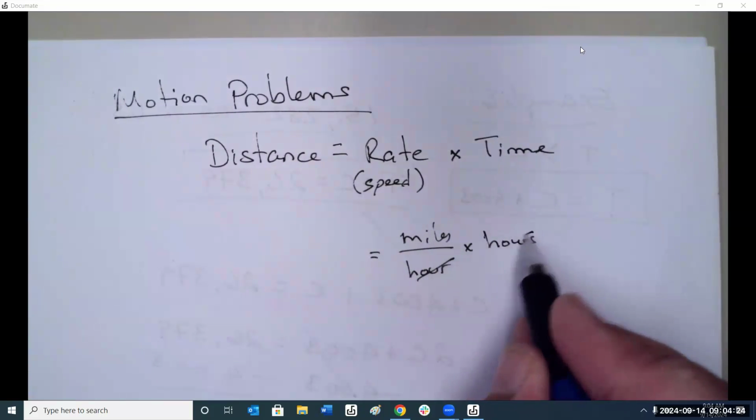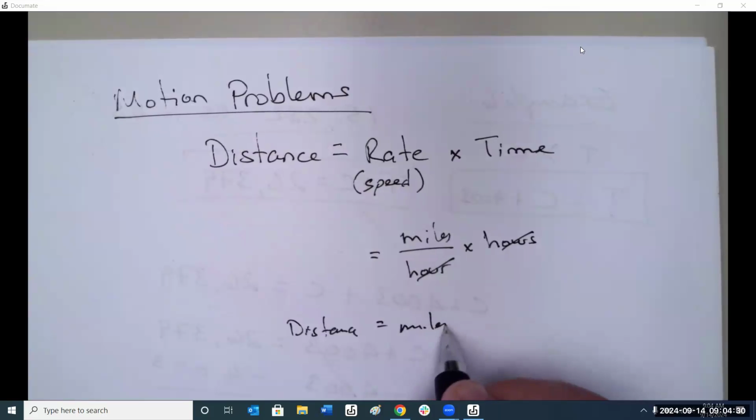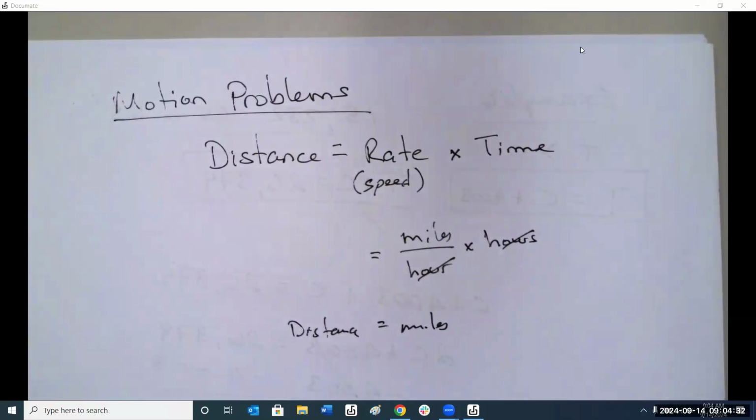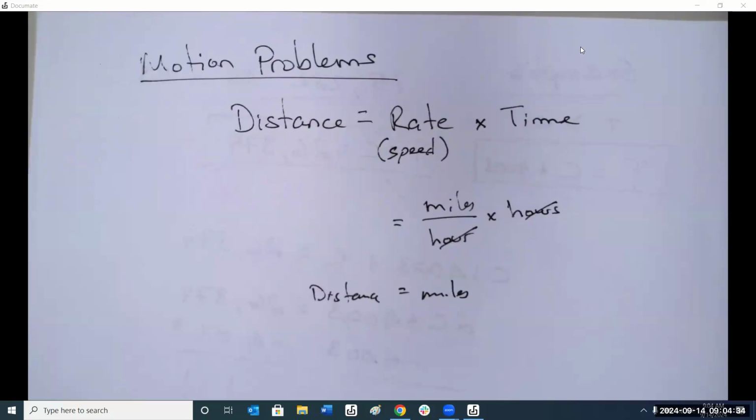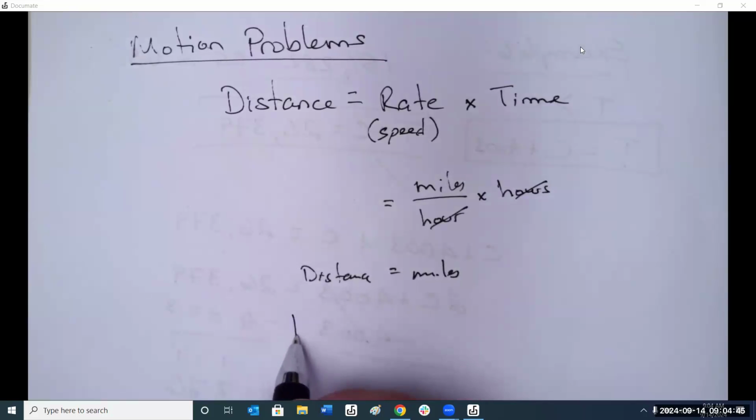If we cancel the hours, that means distance is in miles in this case. So the formula we use is distance equals rate times time.